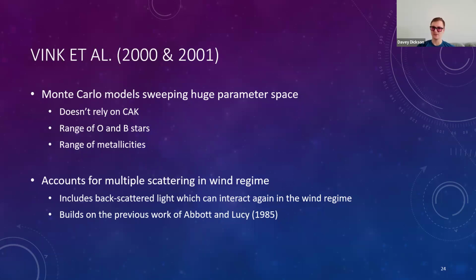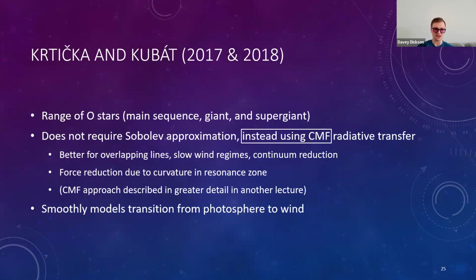I want to move forward to more recent work with Kratukka and Kubat, which used this CMF, this co-moving frame radiative transfer consideration that addresses not only this backscattering, multiple scattering effect, but also allows a better consideration of effects like continuum reduction and overlapping lines, where the effect of one line's extinction can affect other species' experience of the incident light as well.